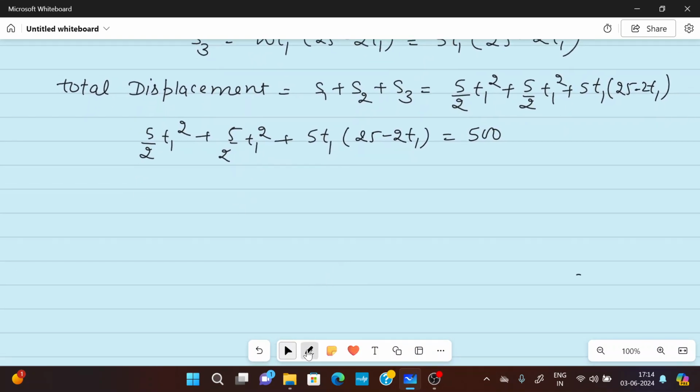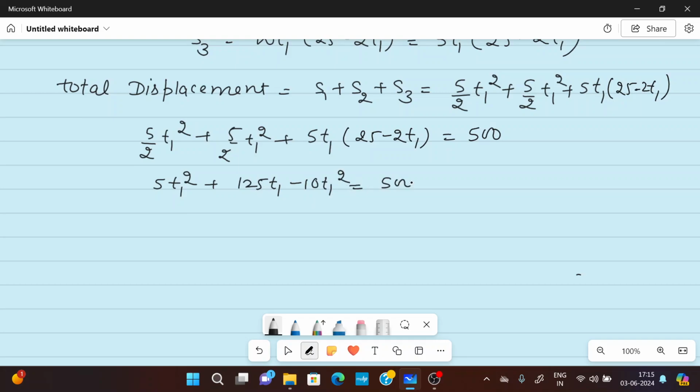So this is the equation in terms of T1. Solving this, we will get 5 T1 square plus, multiplying 5 T1 inside the bracket, we will get 125 T1 minus 10 T1 square is equal to 500.